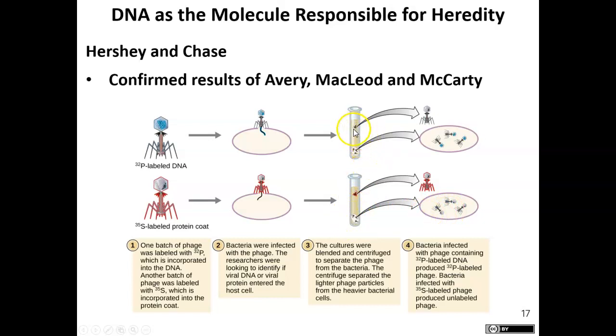But when they used the radioactive DNA, the bacteria themselves contained the radioactive DNA, whereas the protein capsids were not radioactive, and so were not being seen. The radioactivity was in the bacteria. So this confirmed that the DNA, not the proteins, was the genetic information that was transforming these cells.